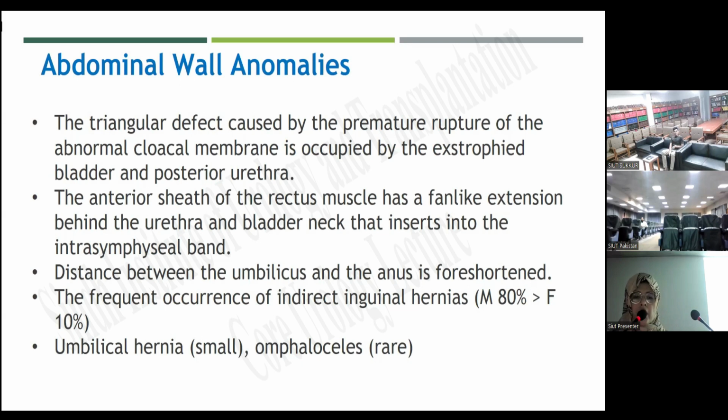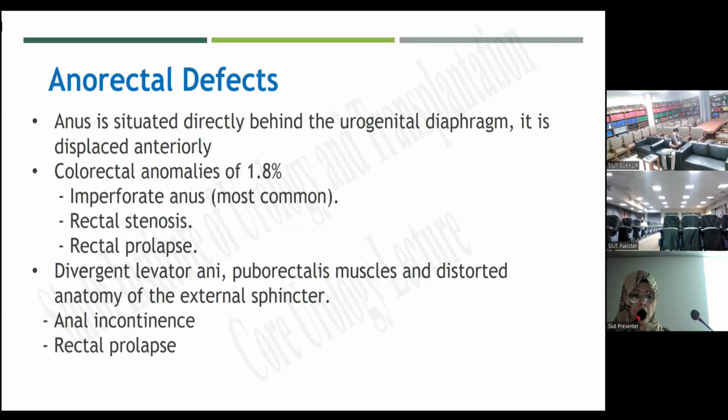There will be frequent occurrence of indirect inguinal hernia due to weak abdominal wall, large internal and external inguinal rings, and loss of obliquity of the inguinal canal. Rarely, small umbilical hernias and omphaloceles are also seen with the abdominal wall defects in EEC.